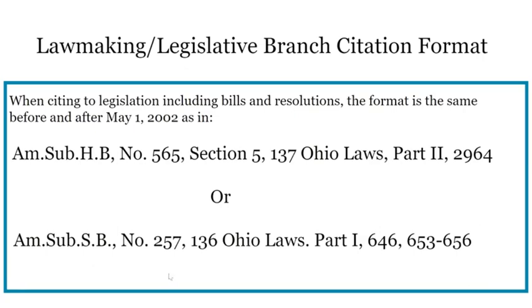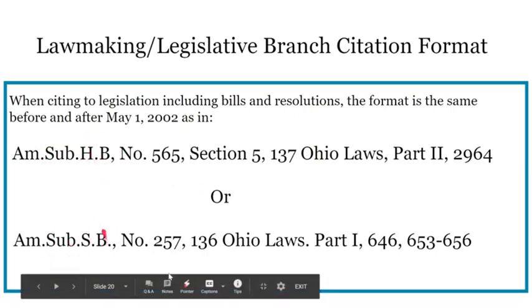In the example on the screen, Am.Sub. denotes amended substitute House or Senate bill, depending on the Ohio legislative chamber of origin. So Am.Sub.House, Am.Sub.Senate. So those are the two examples there.